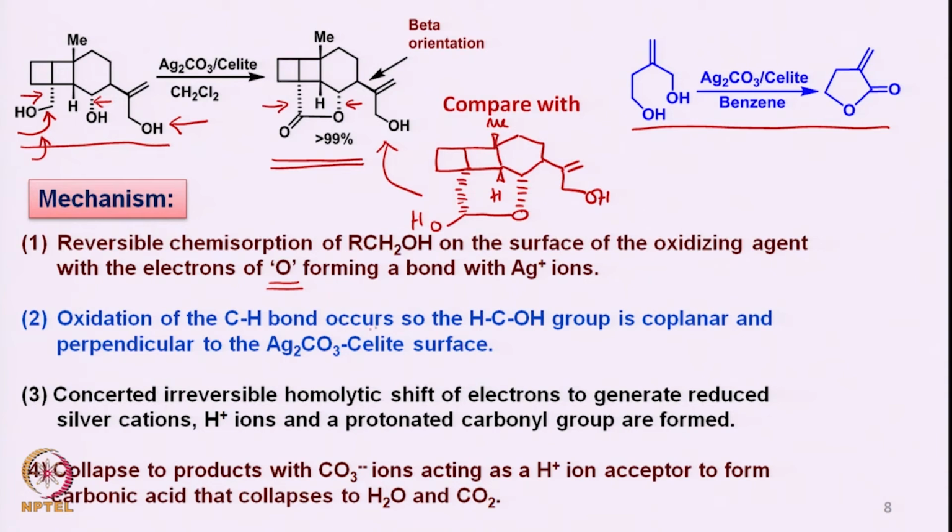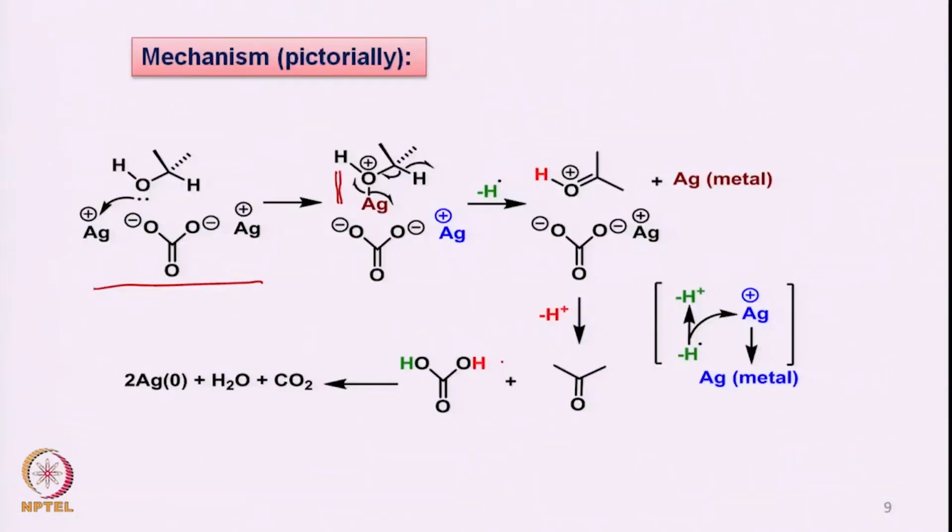Oxidation of the CH bond occurs, so the CHOH group is coplanar and perpendicular to the silver carbonate Celite surface. This is exactly how it is shown here, that the hydrogen here, the oxygen here, and this hydrogen here are in the same plane and they are perpendicular to the silver carbonate Celite surface.